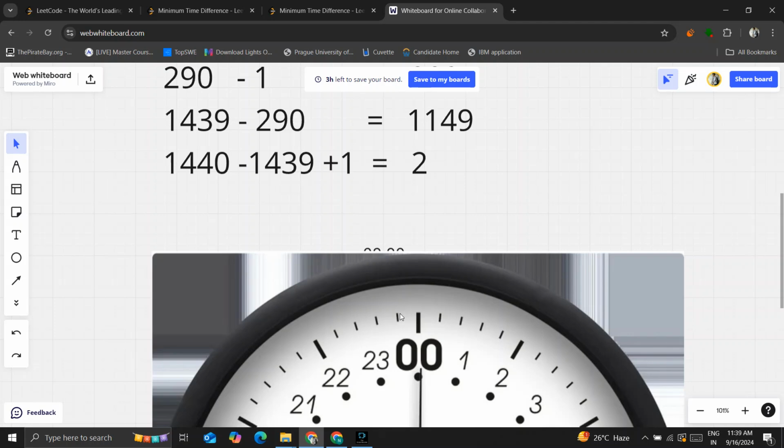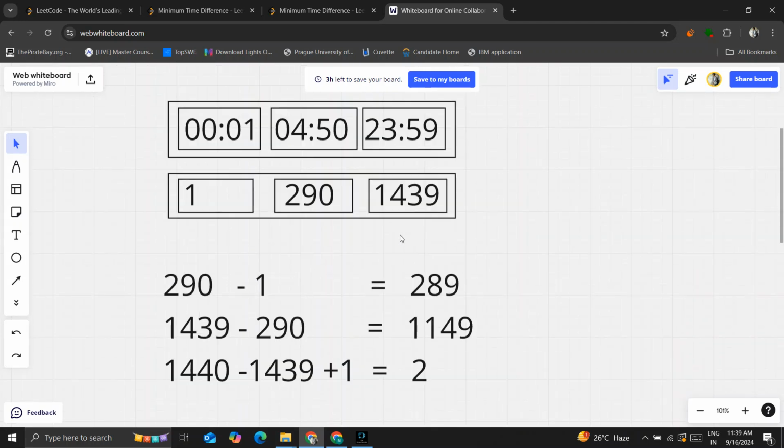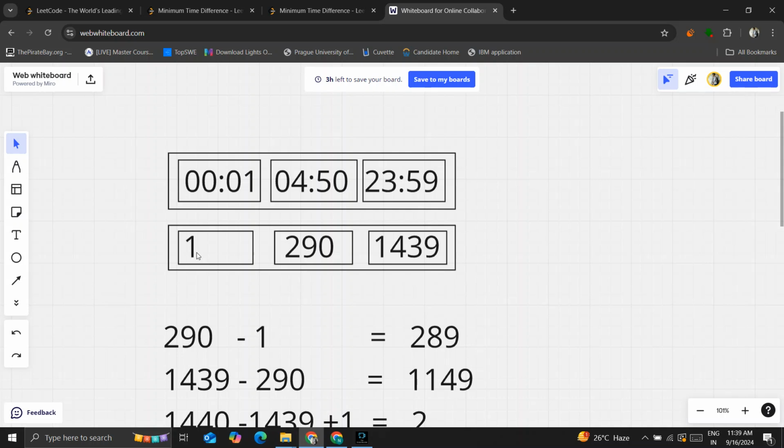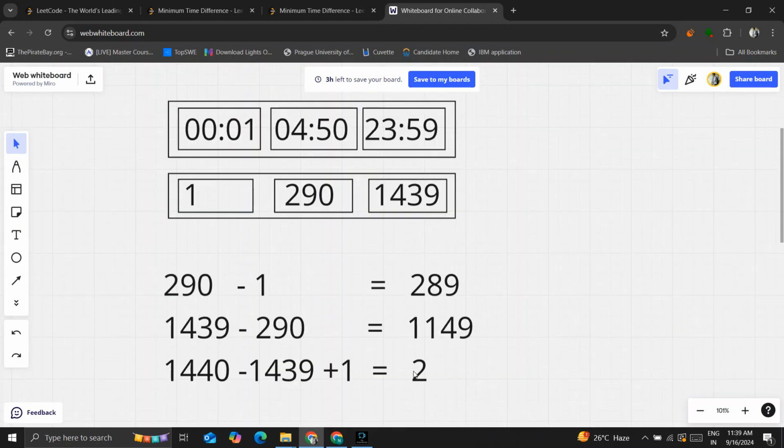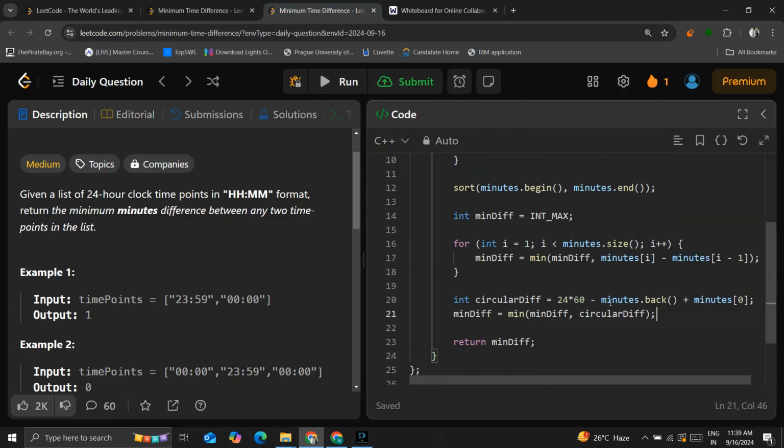Understood? And then the other thing is from this one, and as we have sorted, the difference from 0 to 1 would be this one only. So if I add this one, I get 2. Now as you can see, the minimum value is 2. Hope you have understood it.